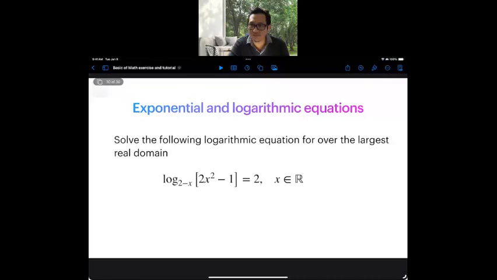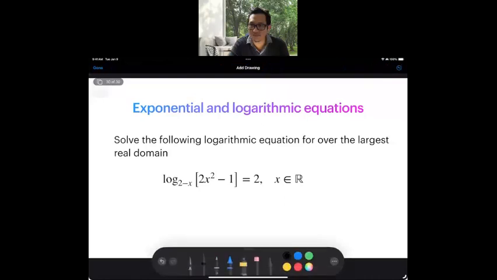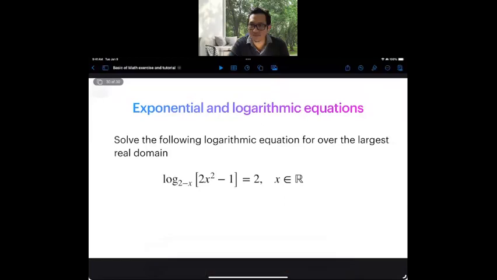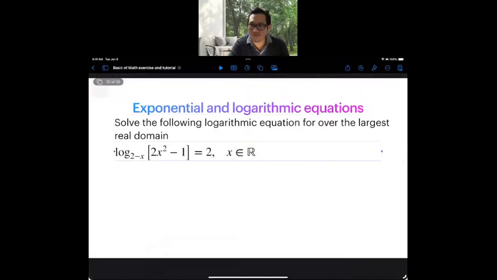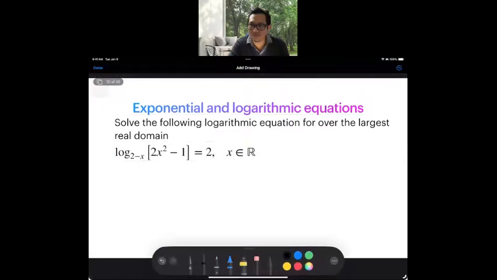Okay, I think I will start by looking at the domain first. So the domain here is, oh, maybe let me make spaces here. Taking that what is inside the log should be positive.